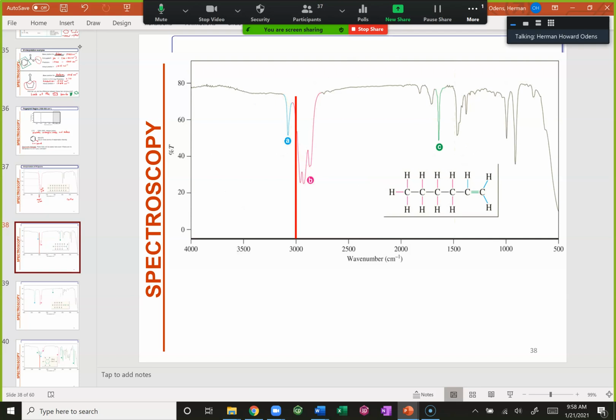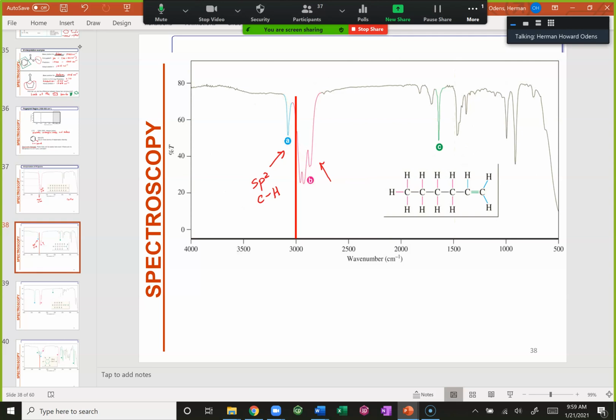So anything on the left of that line will be sp2 CH signals in character. And notice that we have 1, 2, 3, 4, 5, 6, 7, 8, 9 CHs that could be sp3s, but you get only 3 peaks because they are all tangled up together.